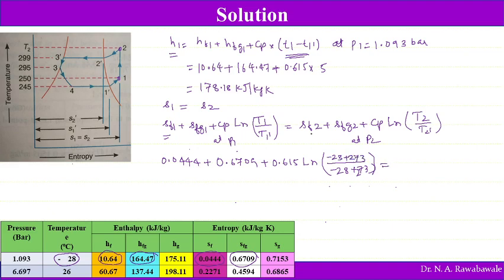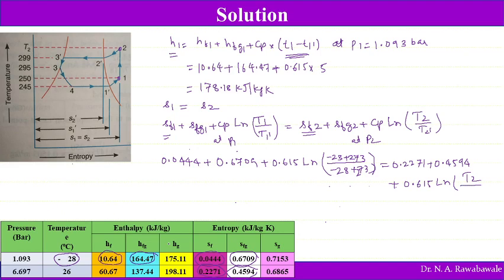This is equal to SF2. SF2 at pressure P2 is 0.2271, plus SFG2 is 0.4594, plus CP is 0.615 natural log of T2, which we don't know and want to find out, divided by T2 dash.